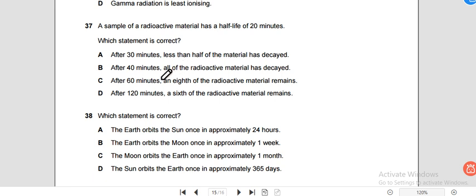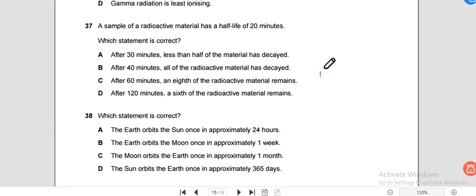After 60 minutes, one eighth of the radioactive material remains. We should take care whether the material remains or decayed, because this determines whether the choice is correct or wrong. After 60 minutes, this means there are 3 half-lives.